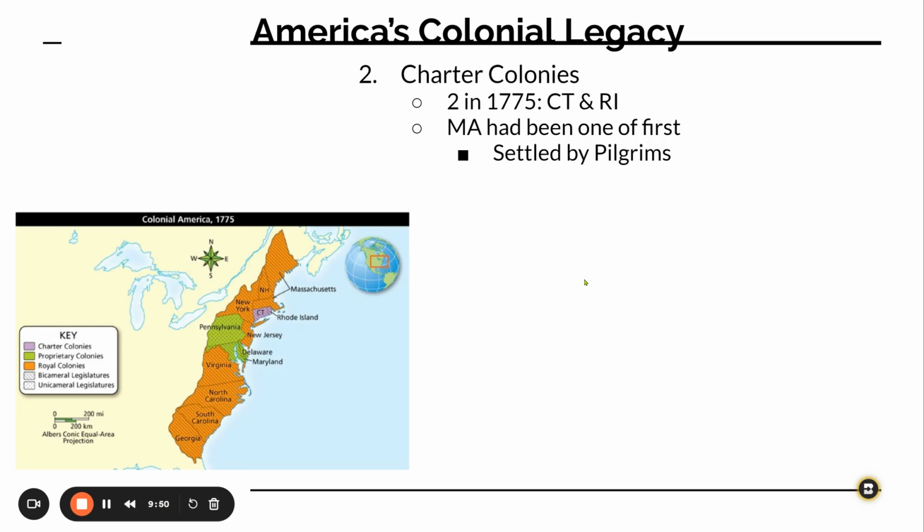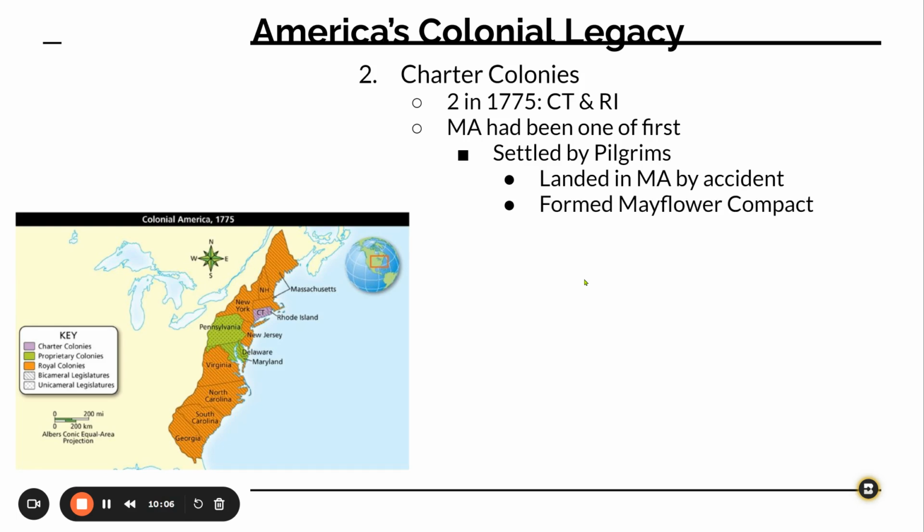It was settled by pilgrims. The pilgrims landed in Massachusetts by accident. They were blown off course. So they ended up landing in a different territory than what their arrangement with the monarchy covered. So, seeing that, at least in their eyes, they needed to form their own arrangement.